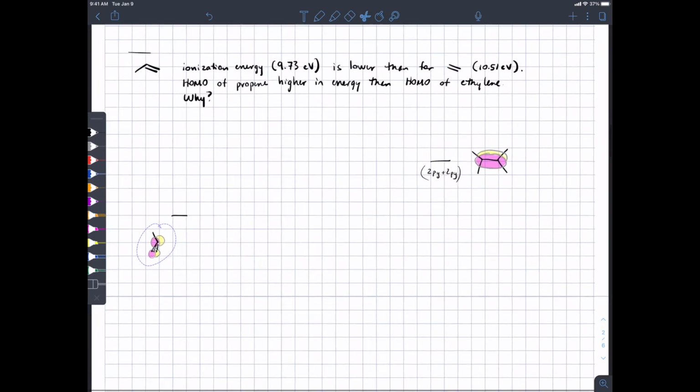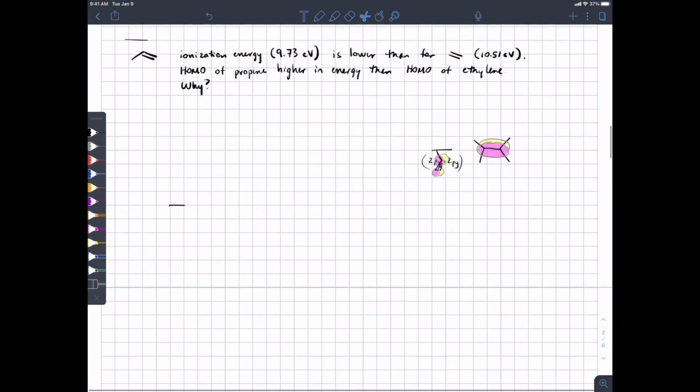So you can see that if I combined these together, the pink lobe above and below the plane of the page for the CH3 pi orbital would overlap with the pink lobe above and below the plane of the page for the 2py plus 2py orbital.